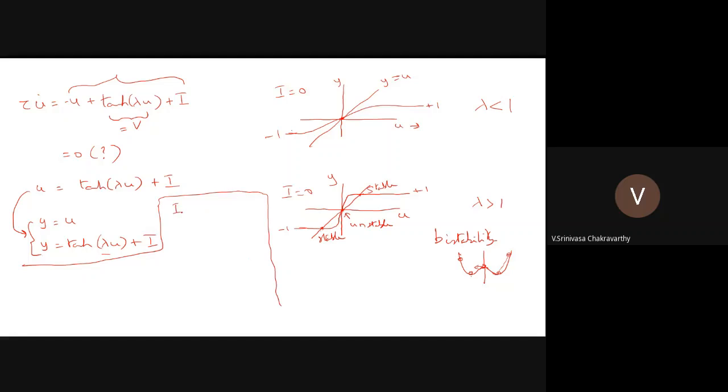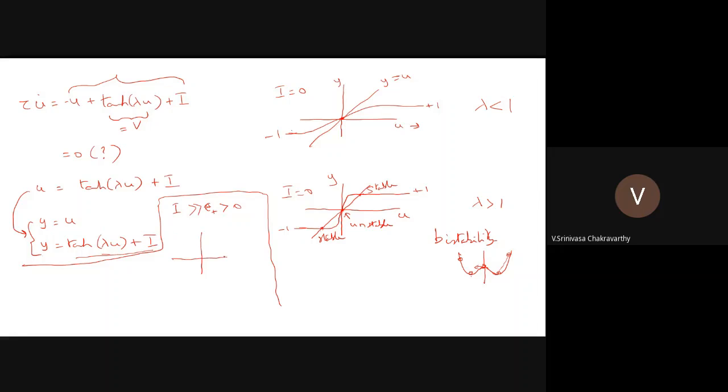So if we vary I, let us say I is much greater than 0, has a high positive value, or greater than some epsilon plus, which is greater than 0. Then if I is a positive value, you can see that in this function, this whole curve is lifted up, and this part remains the same.